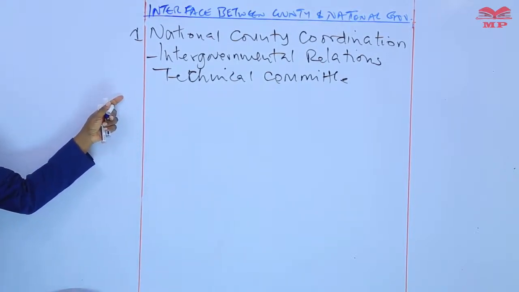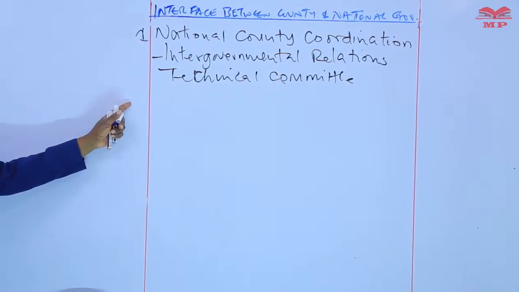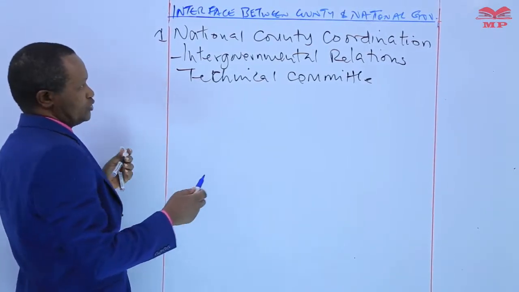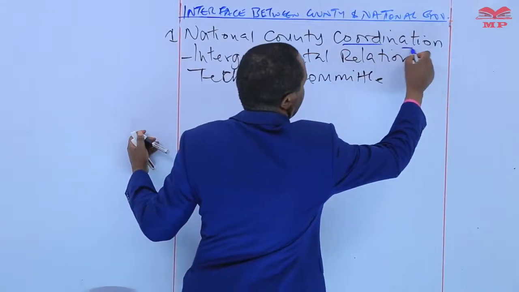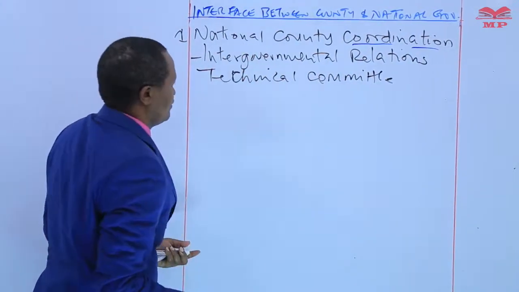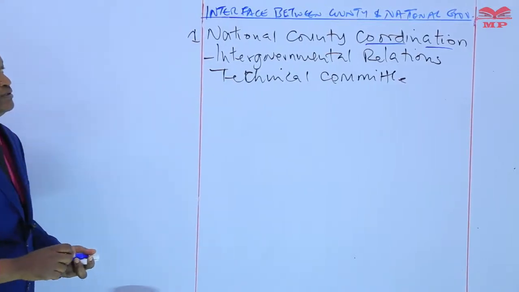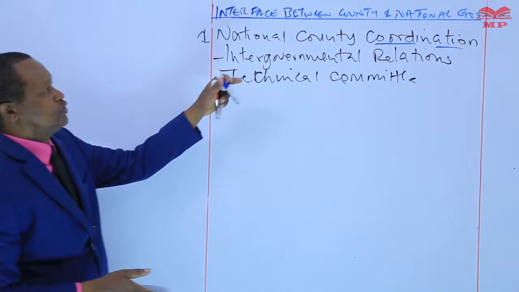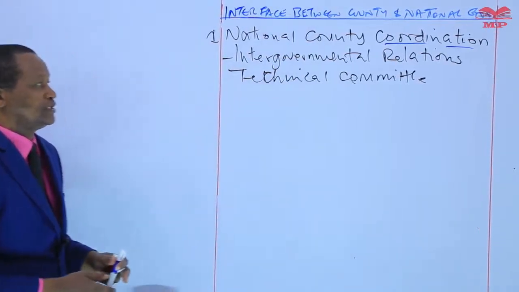One of the key functions of this committee is to facilitate coordination and cooperation between the county governments and the national government. That is one mechanism for the interface between the county and national governments.